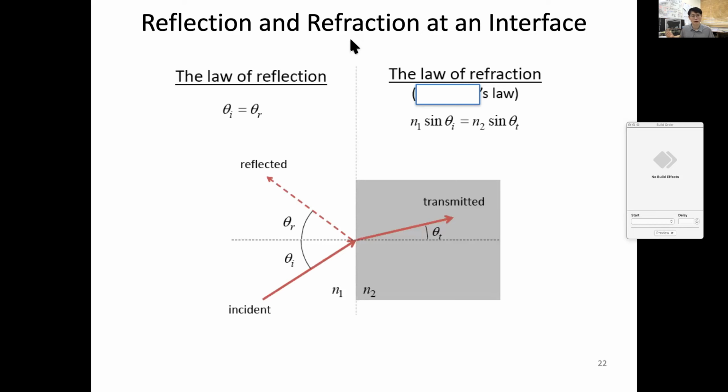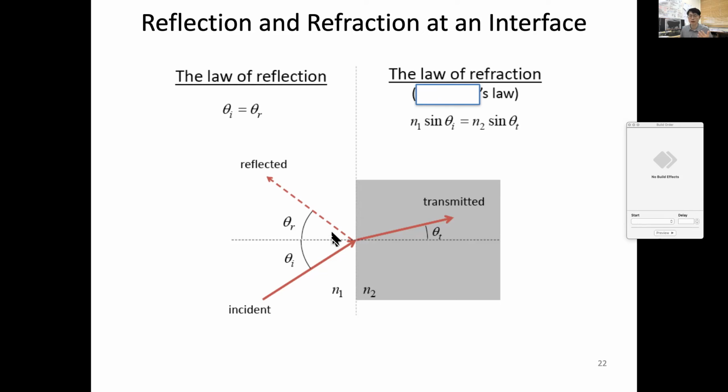You already learned about this in previous years, I believe. There's an interface; we have refractive index n1 entering into n2, and let's assume we have incident light at an oblique angle. Then at the interface, some will be reflected and some will be refracted and transmitted, but the angle will change.